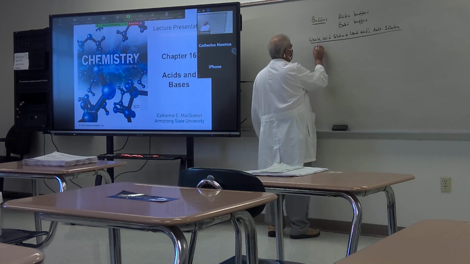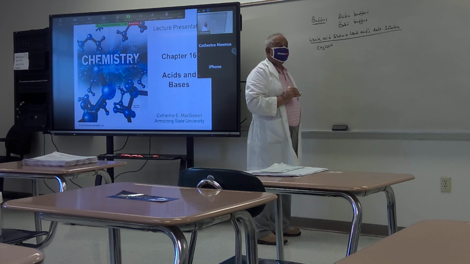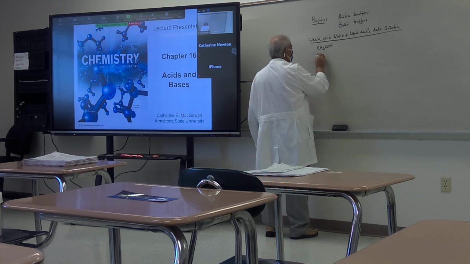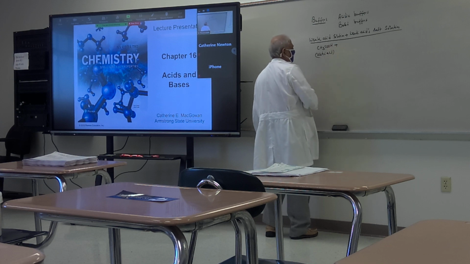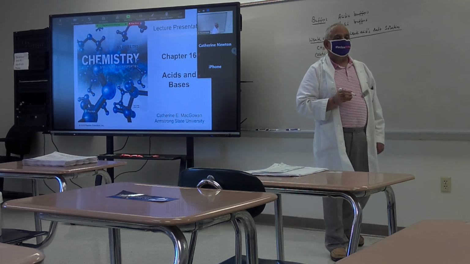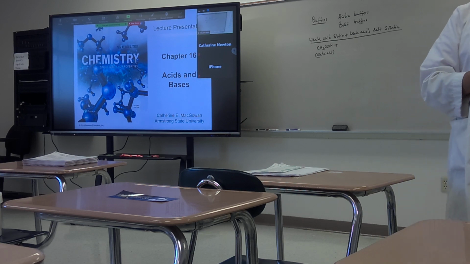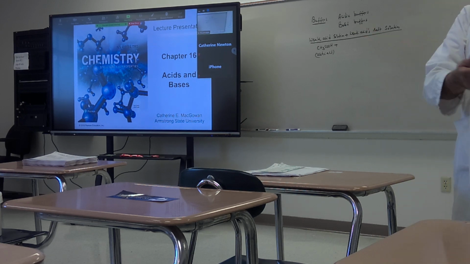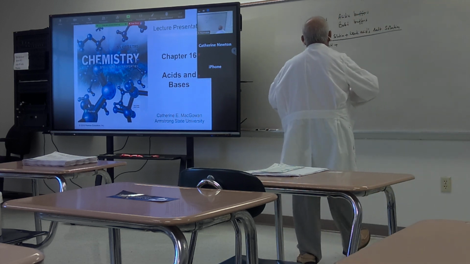For example, take a weak acid like acetic acid, which is your vinegar. You must remember this name, acetic acid. This is a weak acid. And what kind of salt? All acids react with base to form salt and water, correct? Acid-base reactions always give you salt and water.